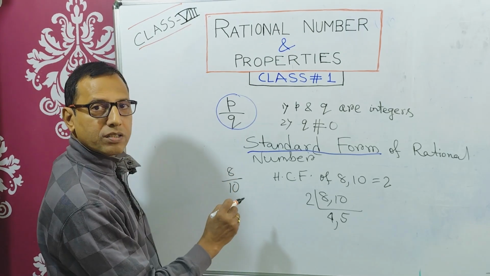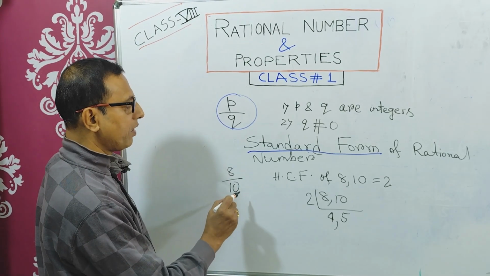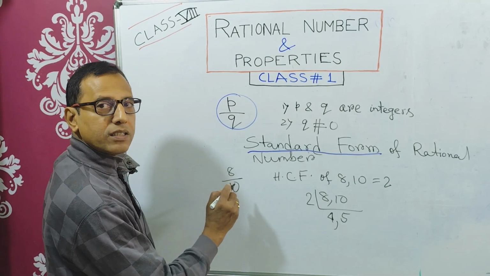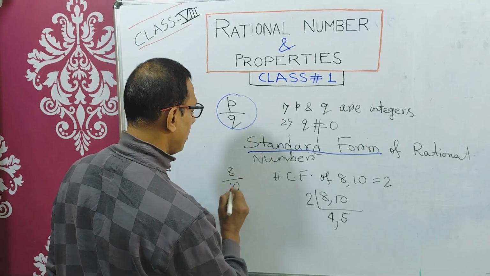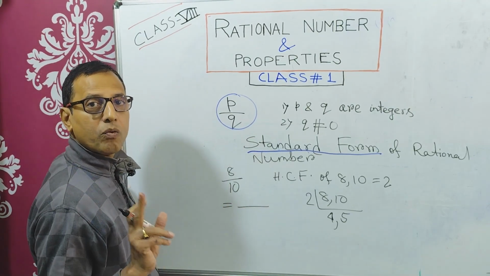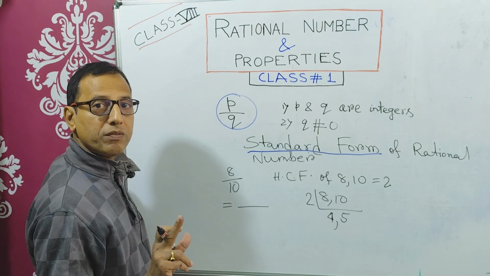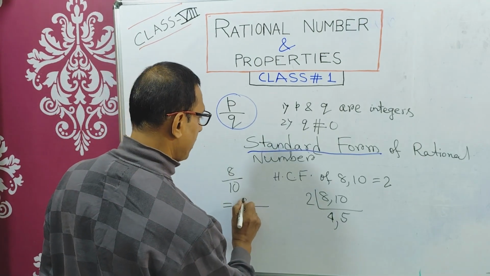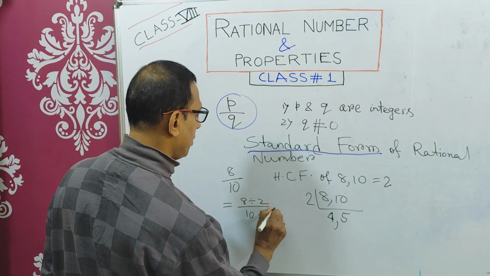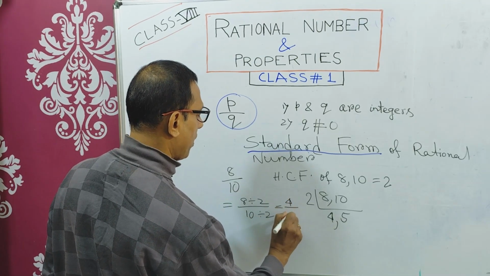If you divide both the numerator and denominator by their HCF, you get a rational number where they have no common divisor other than 1. So 8 divided by 2, 10 divided by 2 equals 4 by 5.